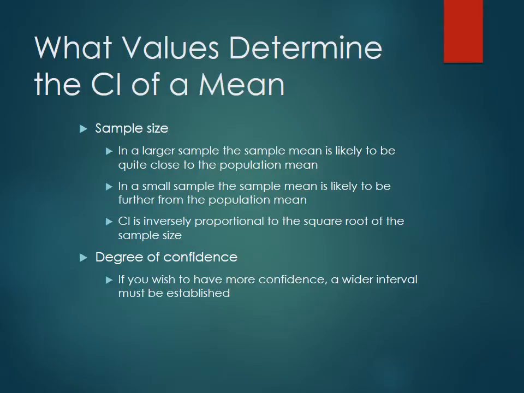And then looking at the actual degree of confidence. As you increase the amount of confidence you have, what does that do to your confidence interval width? If I go from 95% sure to 99% sure, what is that going to do? Yeah, it should widen out, right? Because I have to be safer.